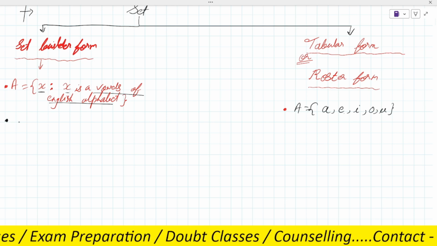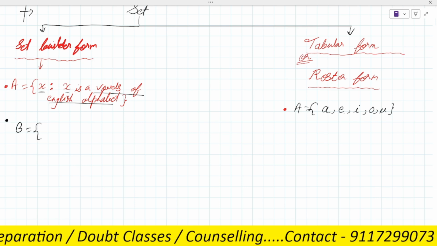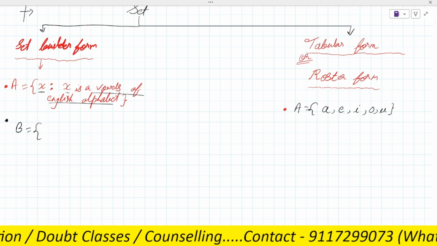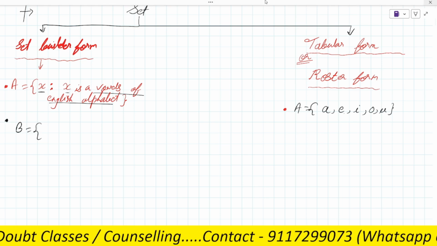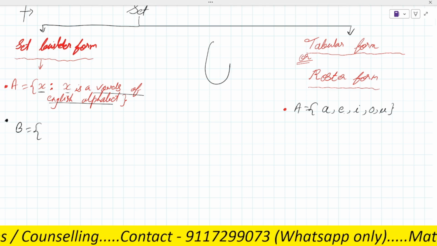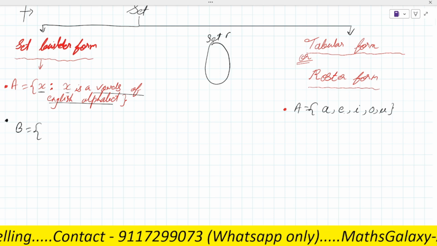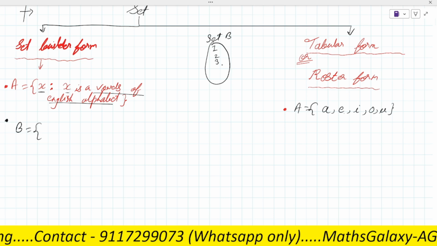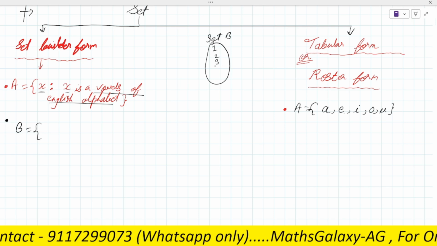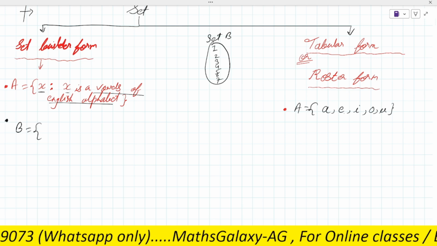Now let's take another set B, that is the set of natural numbers less than 8. This set B contains natural numbers less than 8: 1, 2, 3, 4, 5, 6 and 7. So these will be the elements of this set.